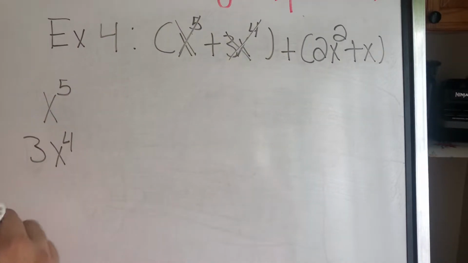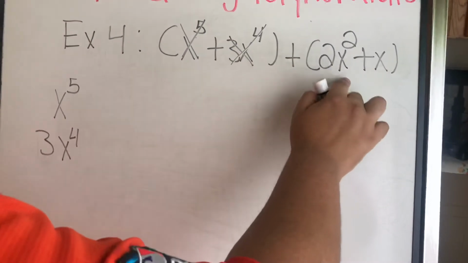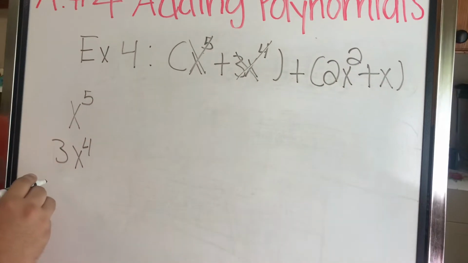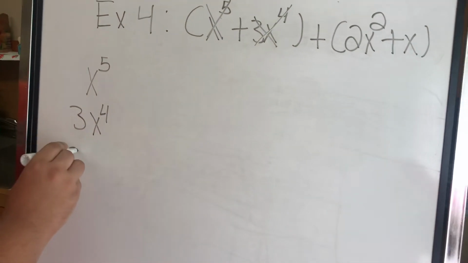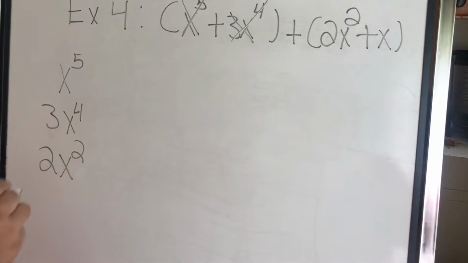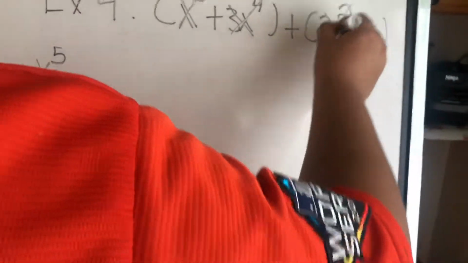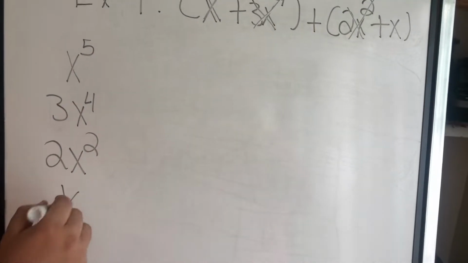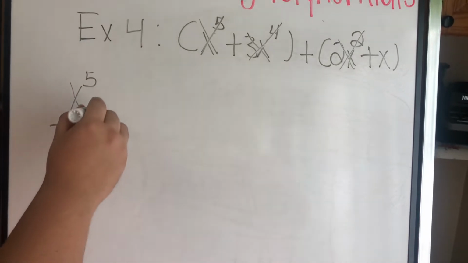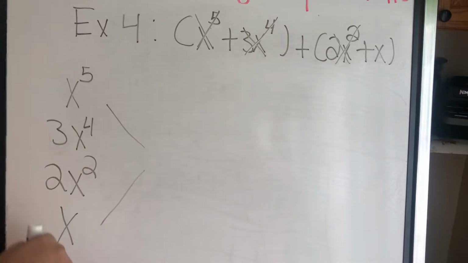Next off, do I have anything to the power of 3? No, I don't. So the next big one is 2x to the power of 2, or 2x squared. So 2x squared, that's my only one. All I have left is just x. Notice there's nothing to simplify, so I combine them. Always start off by the biggest exponent.